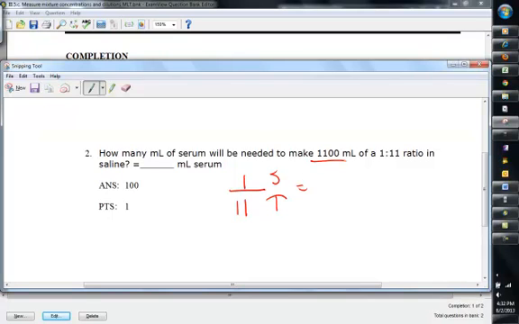And we want to have 1,100 of total. So cross multiply and divide. 1,100 times 1 divided by 11 is 100. This is 3.5.C.